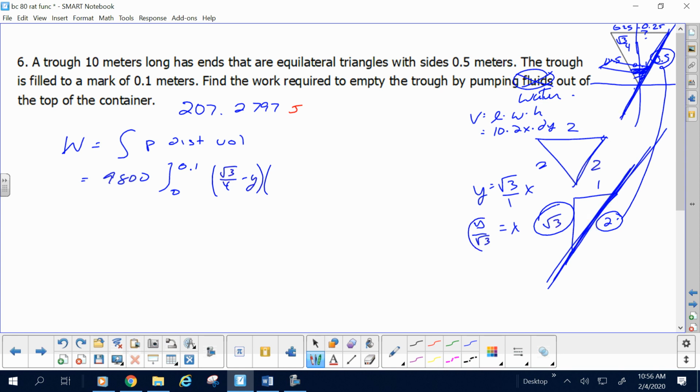All right, so there's 2 of them. So altogether then, the volume, length, width, and height, is 10 by 2 by y over root 3 dy. Right? And assuming I put it in the calculator correctly, that's where I got it.